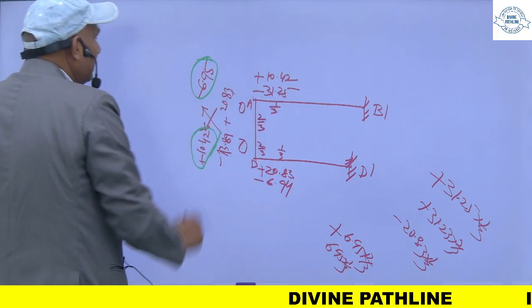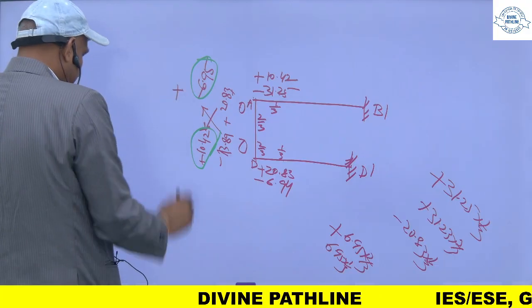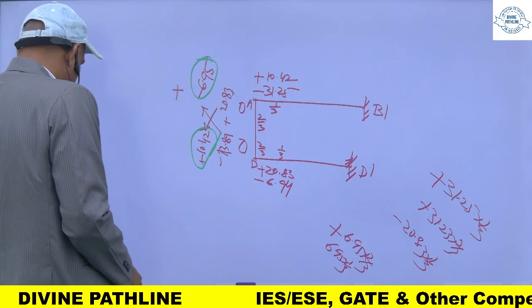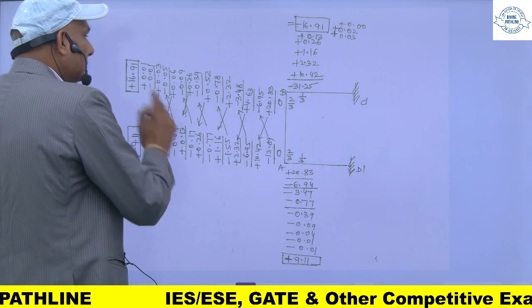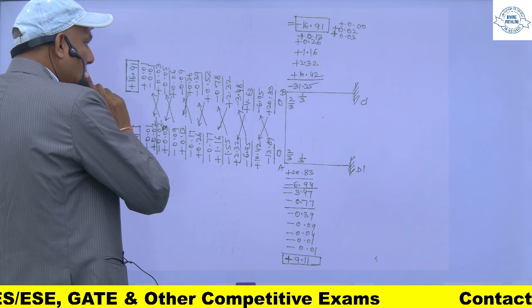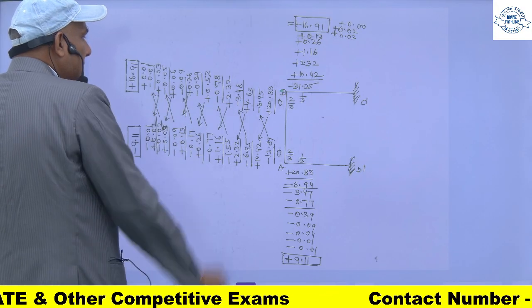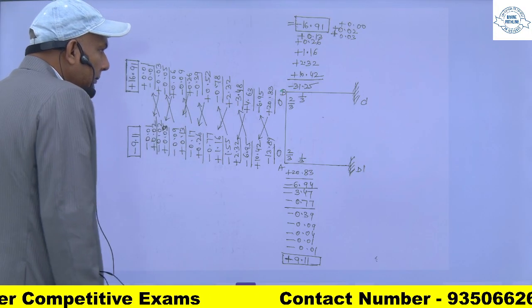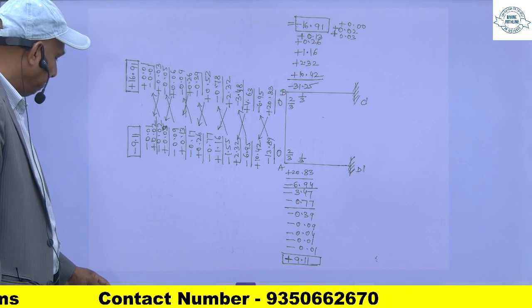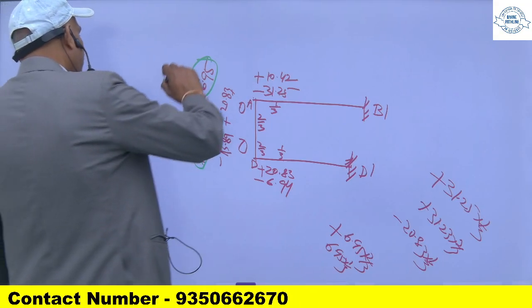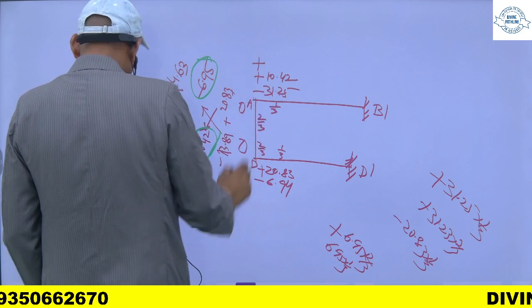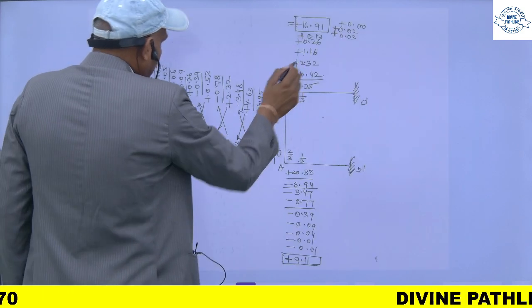So this will be plus 2 by 3, which is 4.63, and 2.32. 4.63, and this will be plus 2.32.